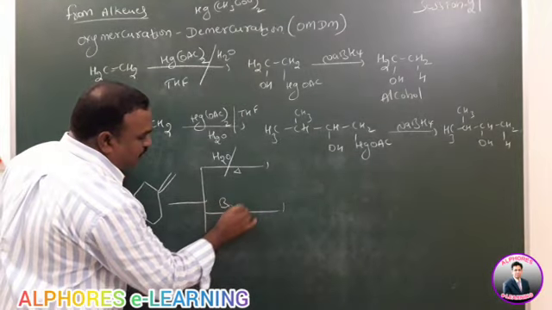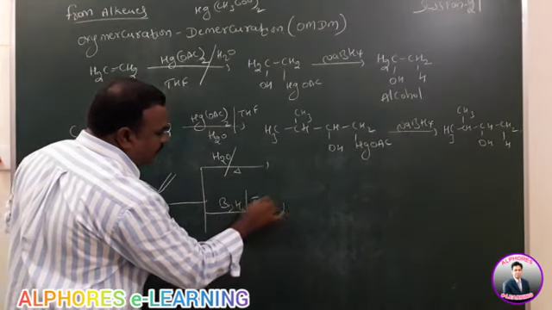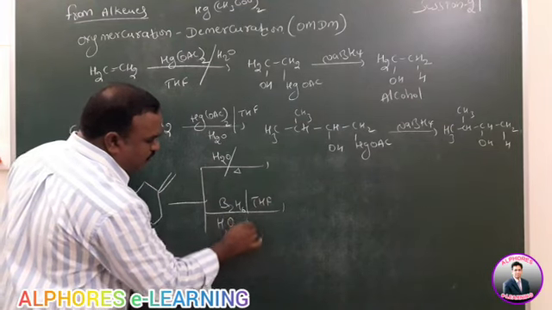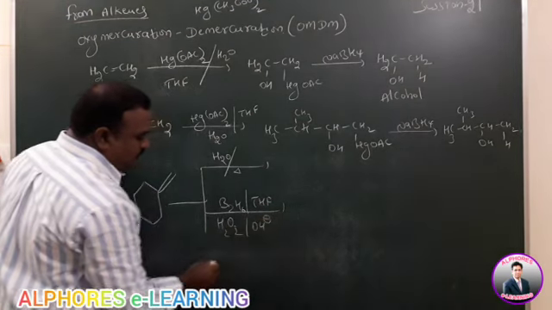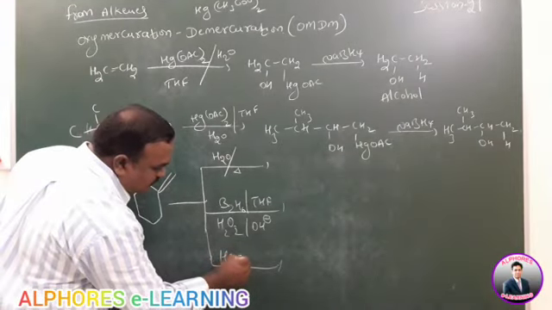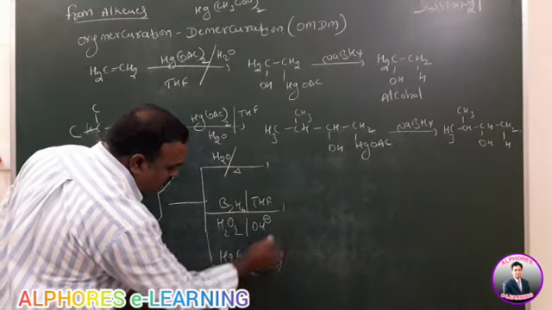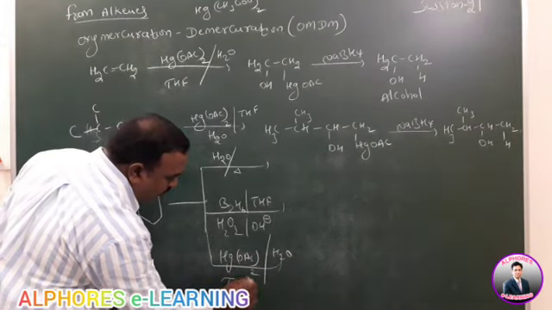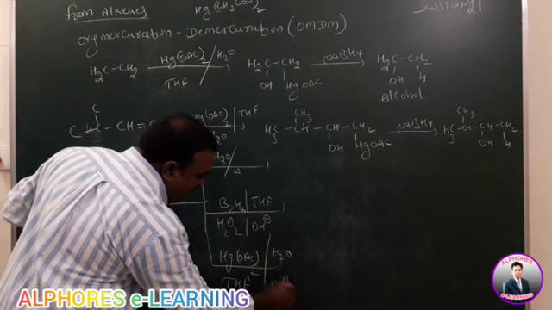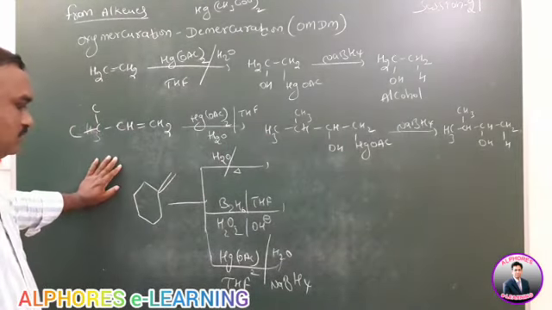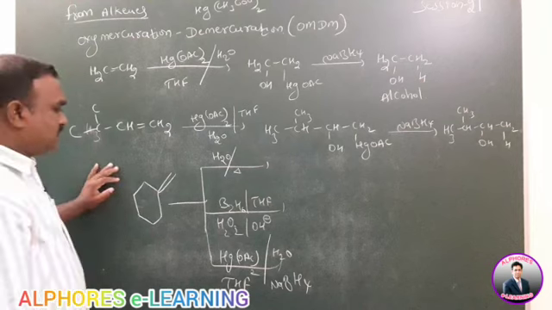Here B2H6, tetrahydrofuran, then H2O2. Here mercuric acetate, water medium, tetrahydrofuran, sodium borohydride is given. So what will happen in this case?